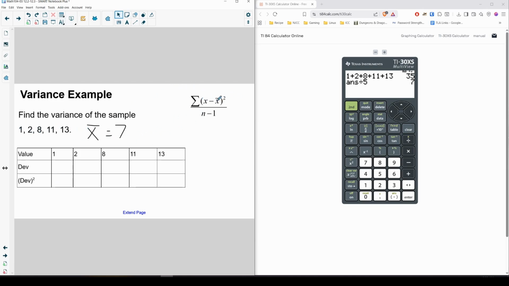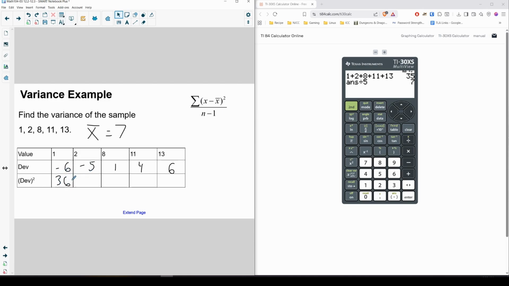Now to find the deviations, we'll take each of these values, again we're calling those x like in our formula, and we'll subtract the mean from them. So 1 minus 7 is negative 6, 2 minus 7 is negative 5, 8 minus 7 is 1, 11 minus 7 being 4, 13 minus 7 being 6, and then we can square those in order to find the top piece here. So 36.